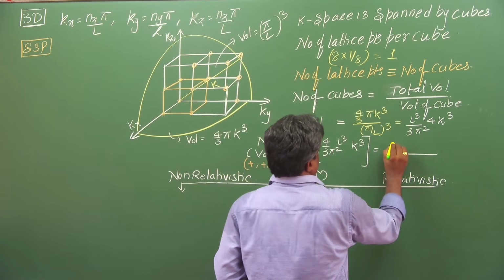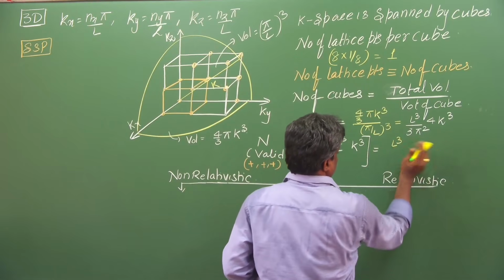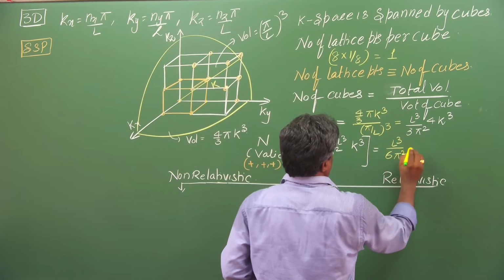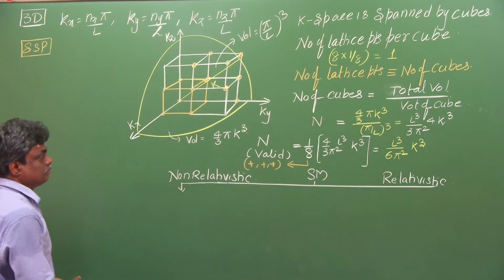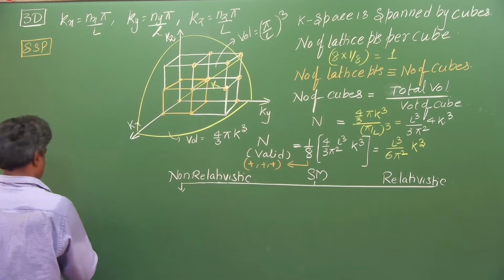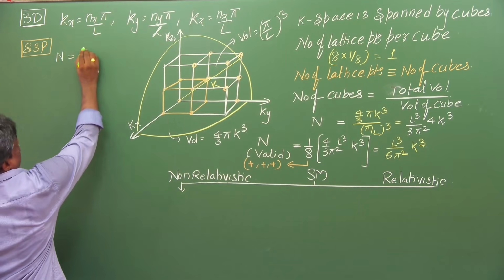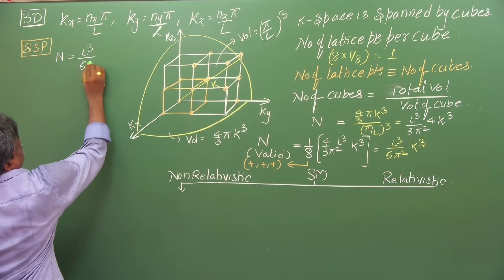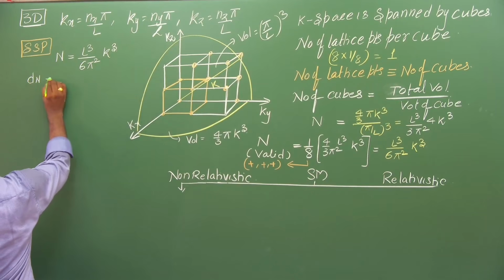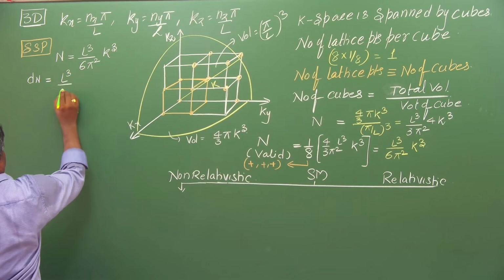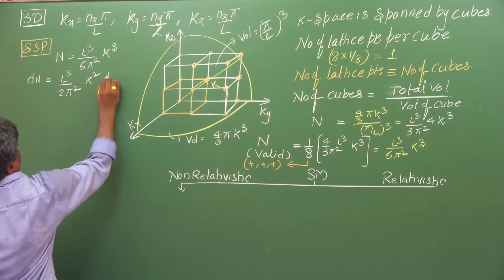And I think this is L cube by, yes, 6 pi square k cube. Now we have to take this n again in SSP. That means L cube by 6 pi square k cube. We want to find dn. dn equal to L cube by 2 pi square k square dk.